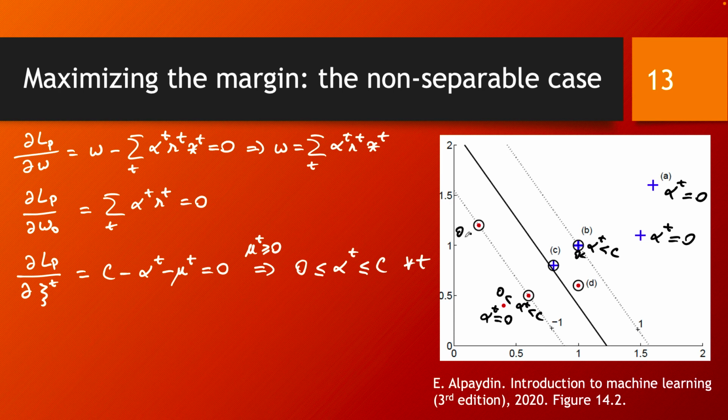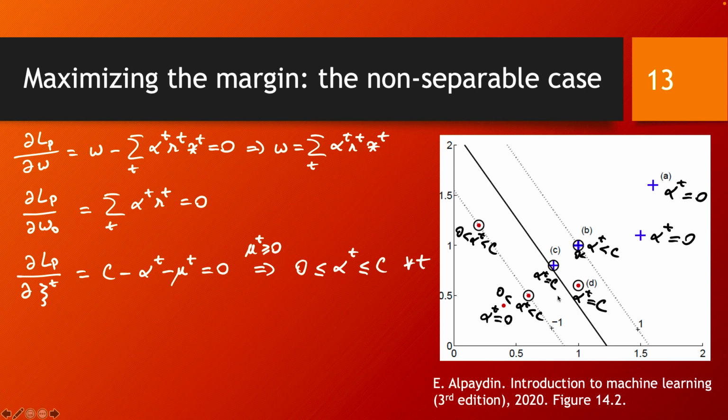The same is going to be here: alpha t between 0 and C. And for these data points inside the margin, we will have alpha t equal to C. So this one here, and alpha t equals C also for this one inside the margin, or even being misclassified.